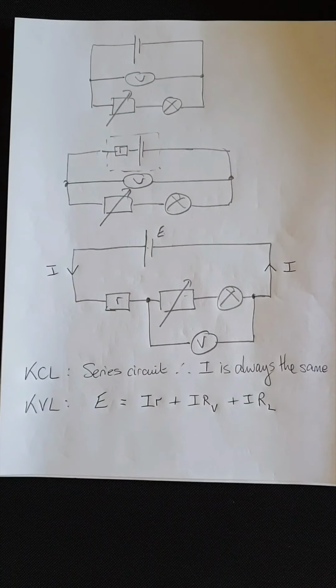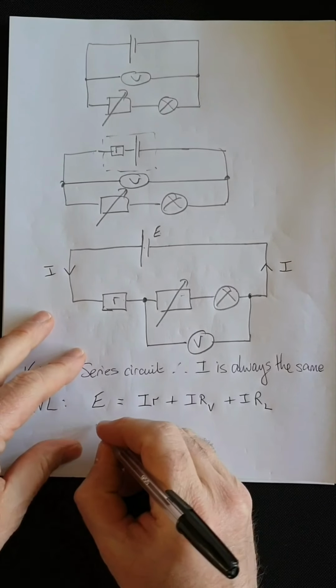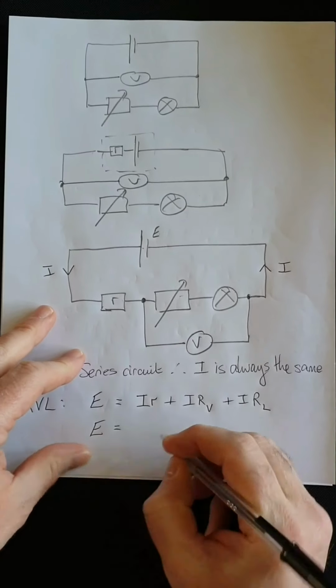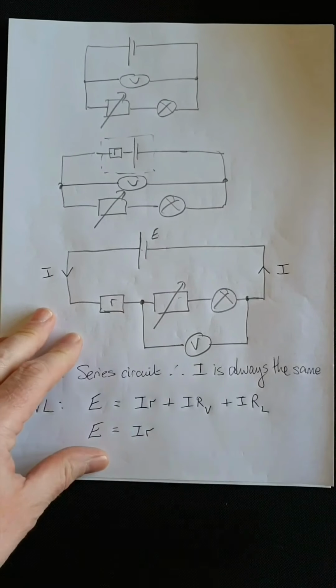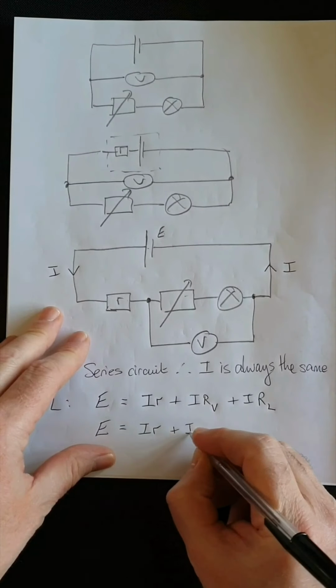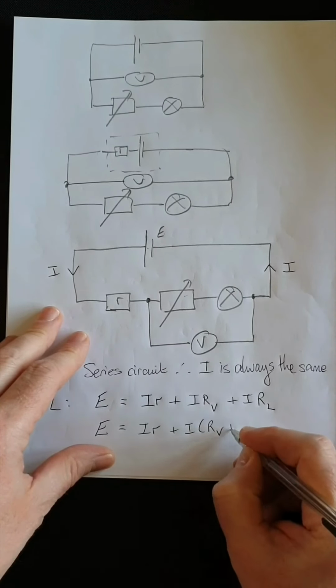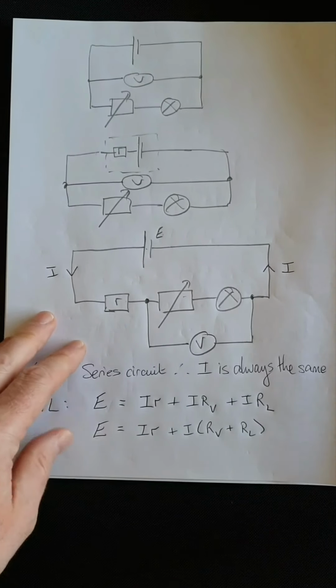Now I'm going to slightly reword this equation, rewrite it so that the EMF is equal to the potential difference across the internal resistance plus the potential difference across both the variable resistor and the lamp.